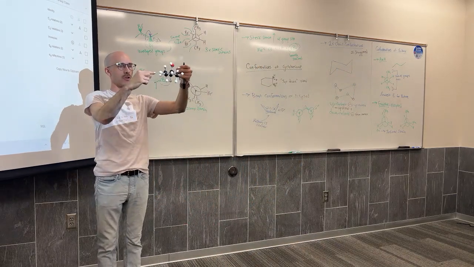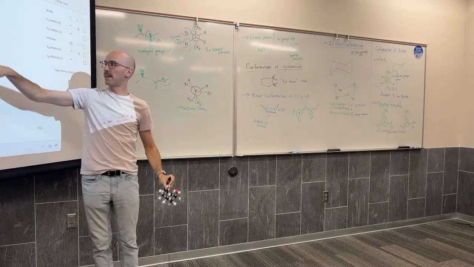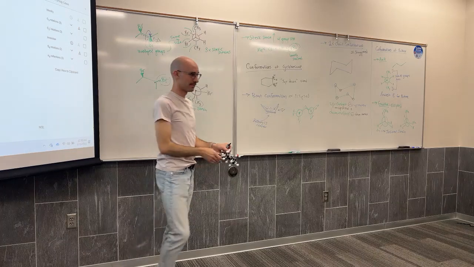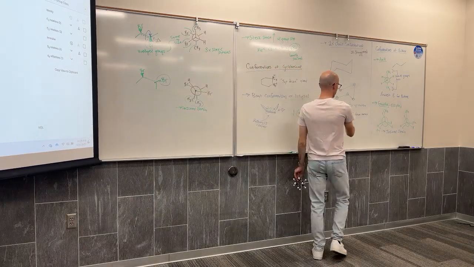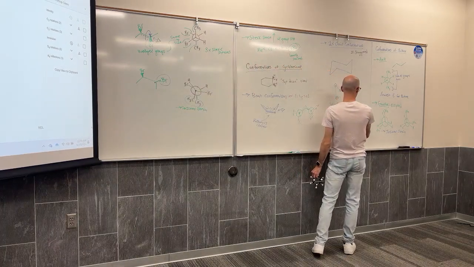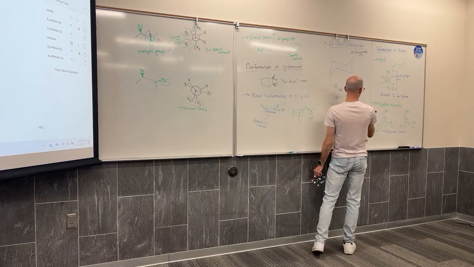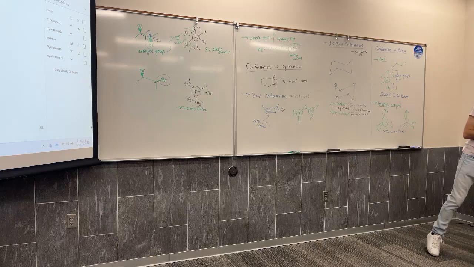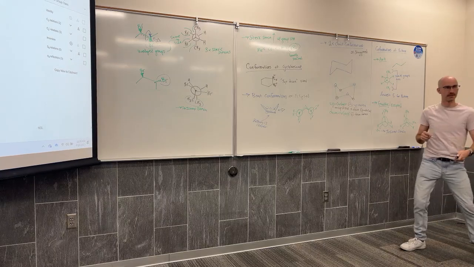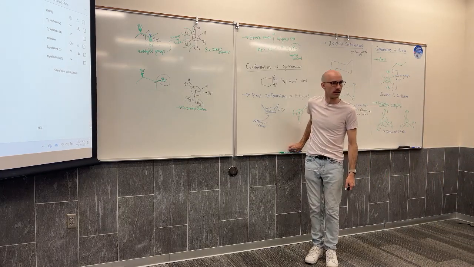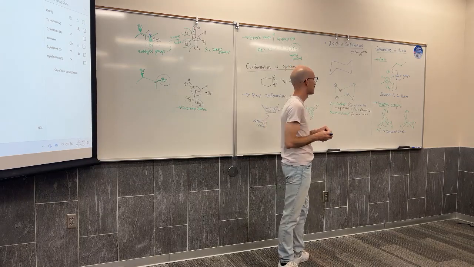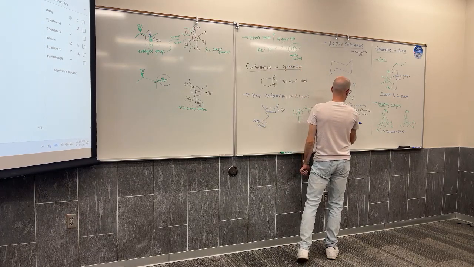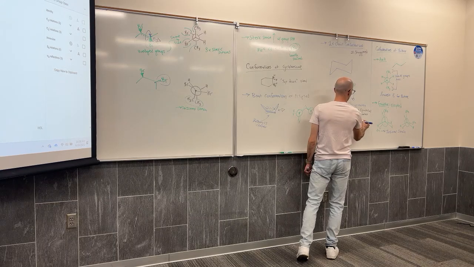They sit around the equator of the molecule, and they point slightly down. So an up carbon has up axial groups and down equatorial groups. Let's round this out by saying what a down carbon has. Down axial plus up equatorial.